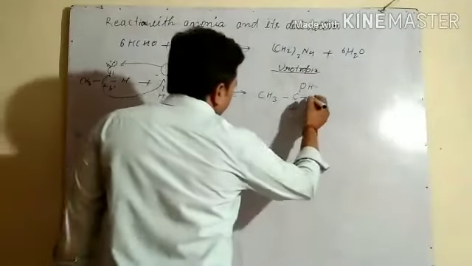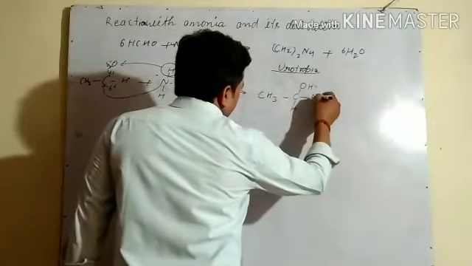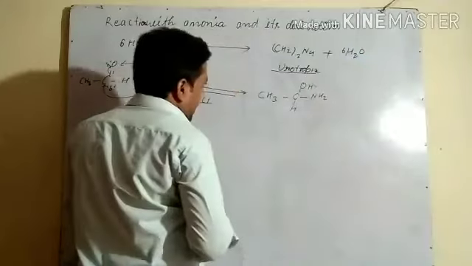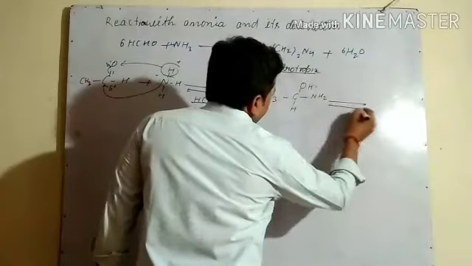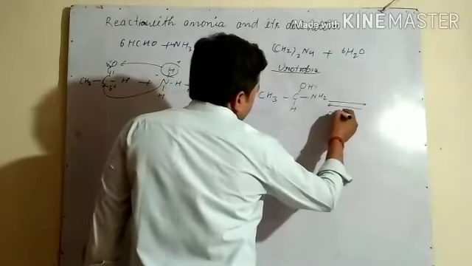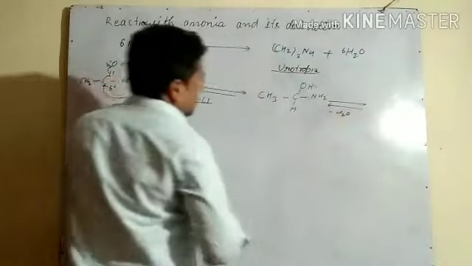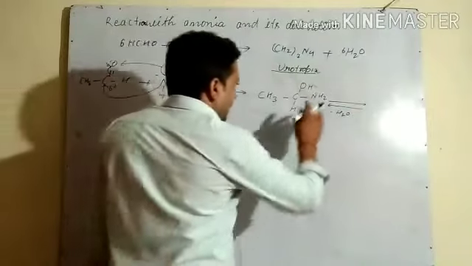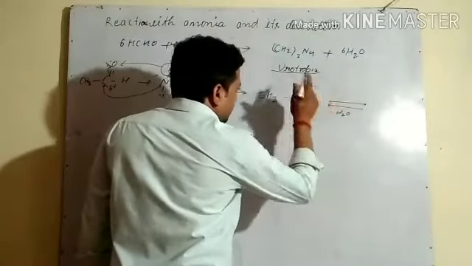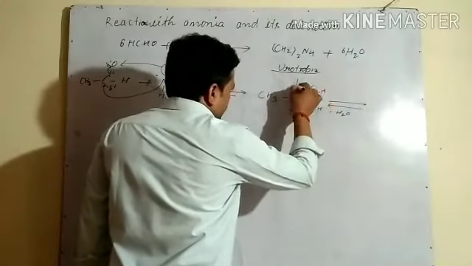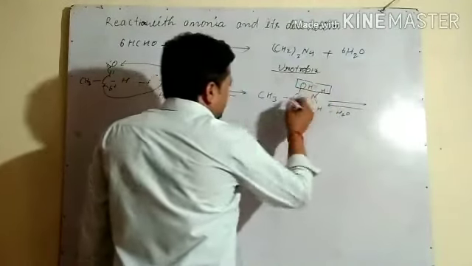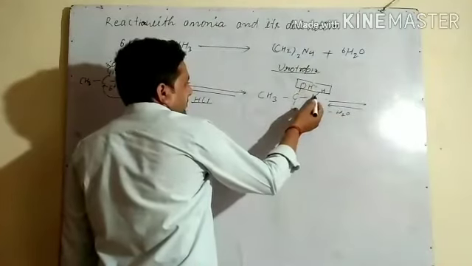Okay, and here NH2, NH2, and after that, dehydration. Dehydration means H2O is released from there, and we can write this like this, H and H. So these two form H2O. So one valency of carbon becomes free and one valency of nitrogen.